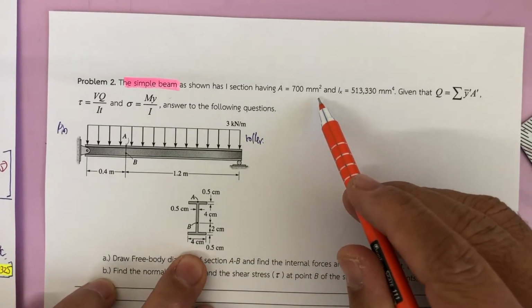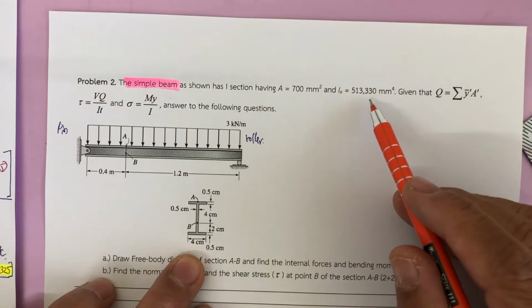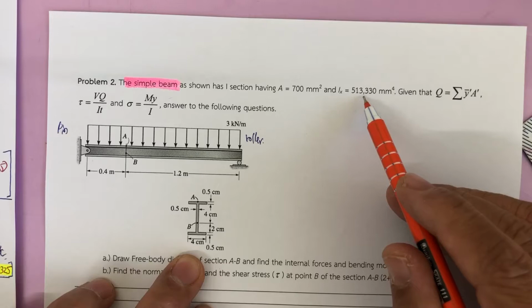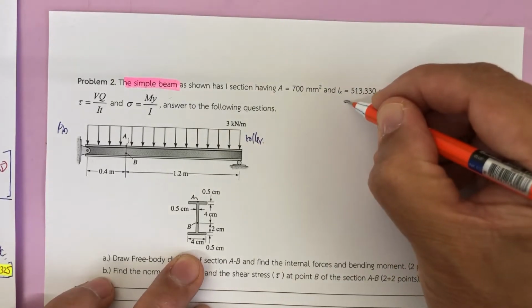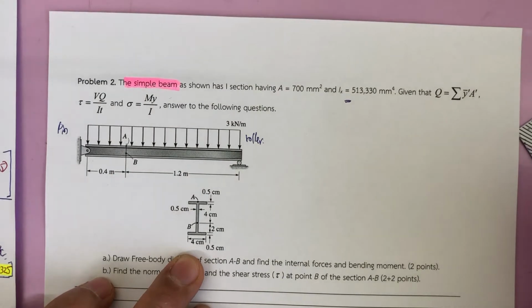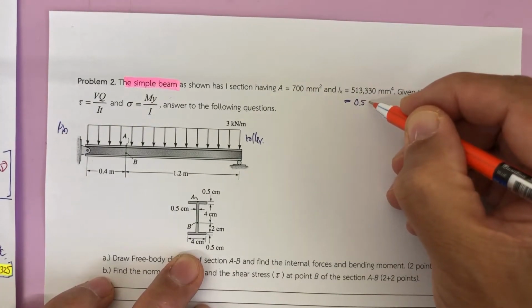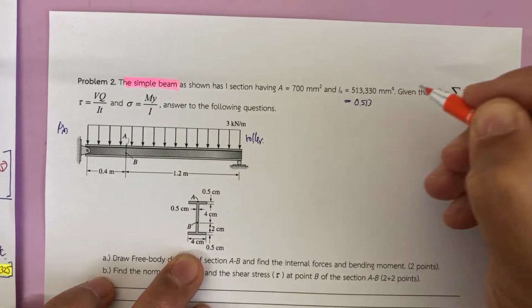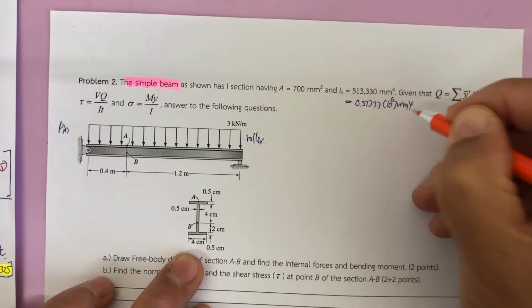This is a structural steel section, and the I sub x is 513,333 millimeter. If you would also like to have this in meter to the power 4, that means you are going to have 10 to the power 6 millimeter to the power 4.